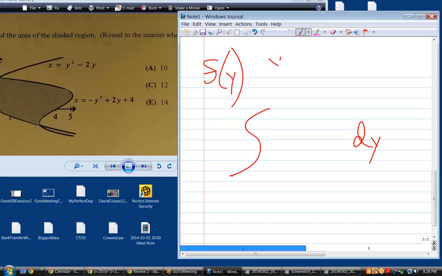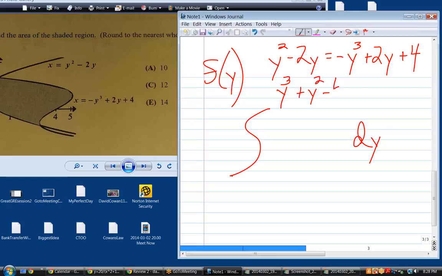Well, if I set the x's equal to one another, which I can certainly do, this will allow me to solve for those 2 points. Let's see, if I bring that y cubed over, I got y cubed plus y squared minus 4y minus 4 equals 0.